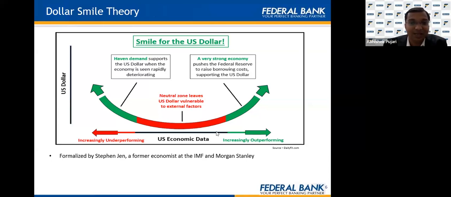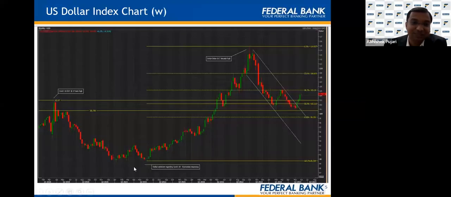And on the right hand side, when the US economy increasingly outperforms other global economies, we have seen the dollar index appreciating with respect to other currencies. So that's why, in the previous slide of the dollar index, what we have seen was risk aversion, then the dollar depreciated, and it made almost a 2-decadal high when the global economies were suffering. So this is just a good example of the dollar smile theory.